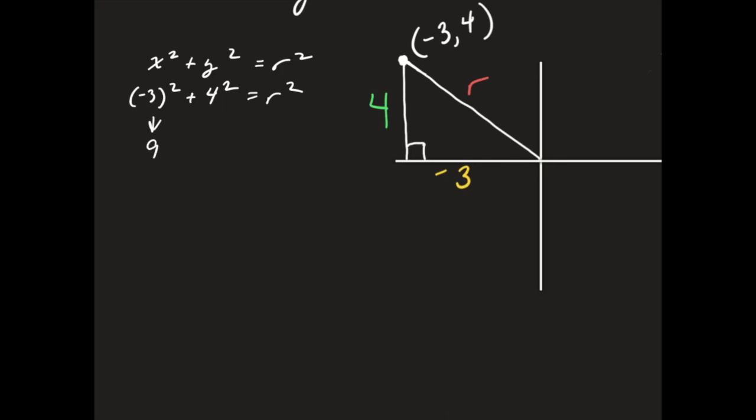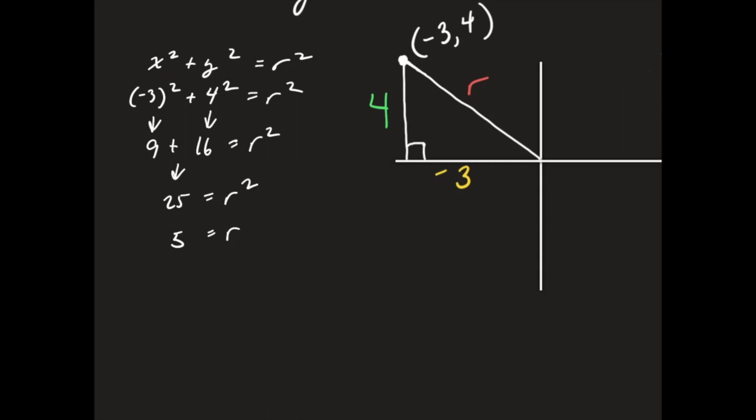This gives me 9, this gives me 16, and there's my r squared. 25 is equal to r squared when r is equal to 5.